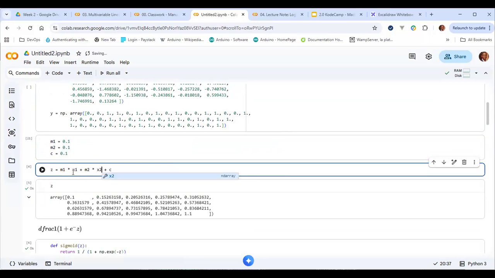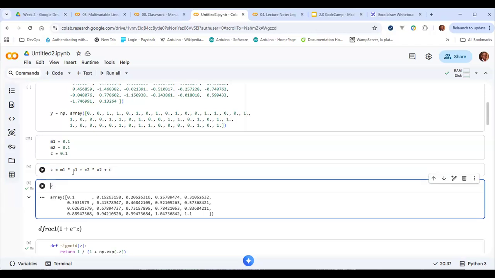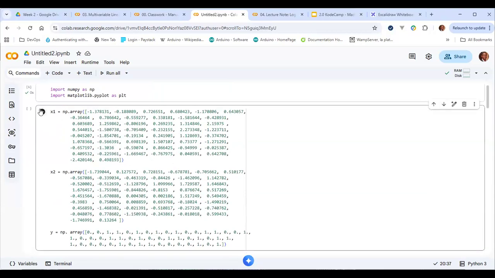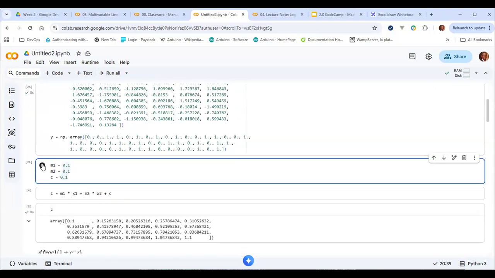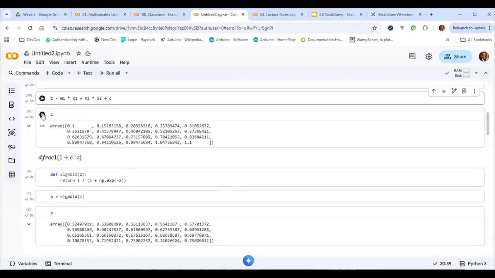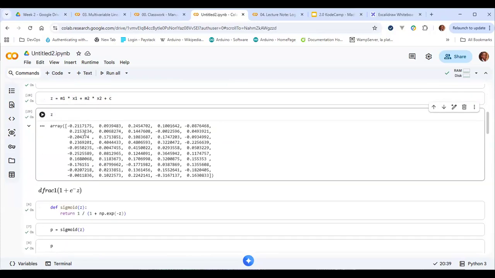So this is still a multivariable linear regression. If I had not had the sigmoid, we could have still done a multivariable linear regression with this. So you now have Z, which is the outcome.